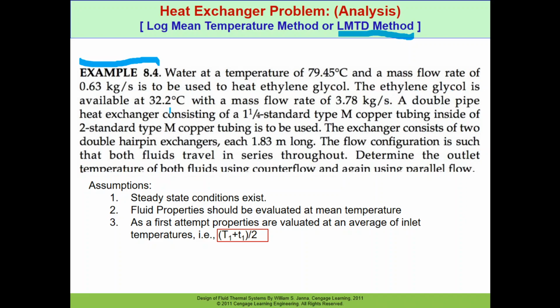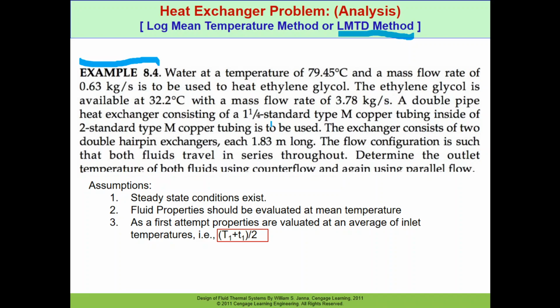The ethylene glycol is available at 32 degrees Celsius. So ethylene glycol is your cold fluid and the water is your warm fluid, and this is the initial temperature for the water and this is initial temperature for ethylene glycol with a mass flow rate of 3.78 kg per second.